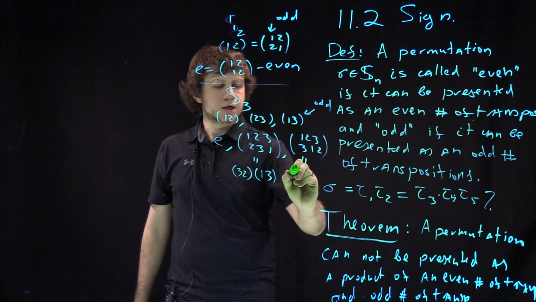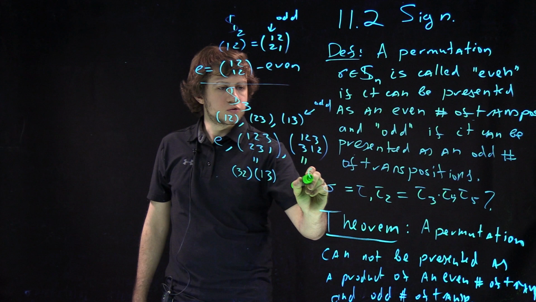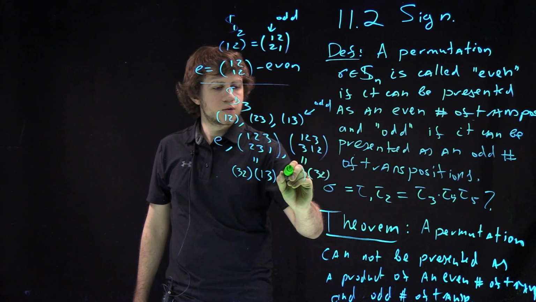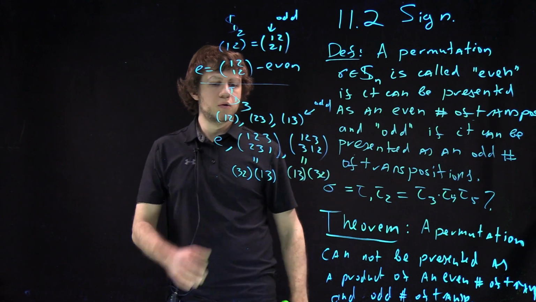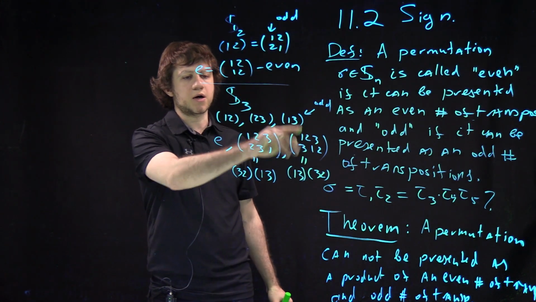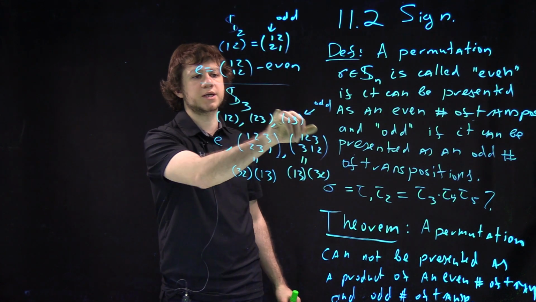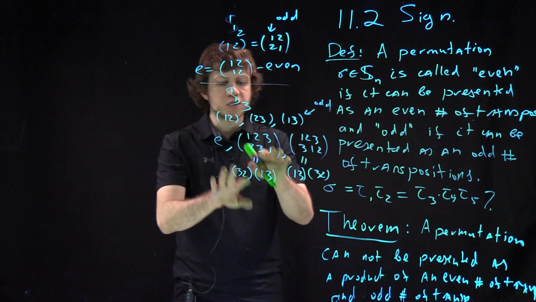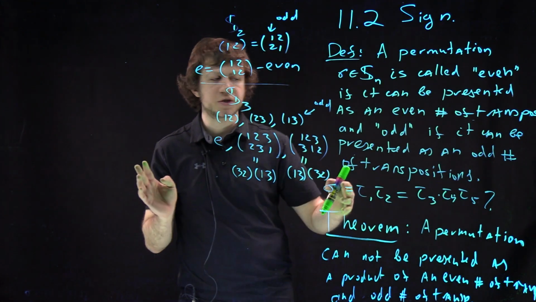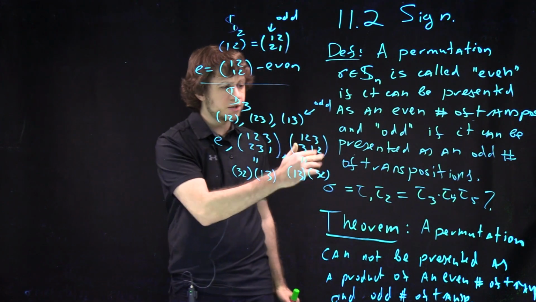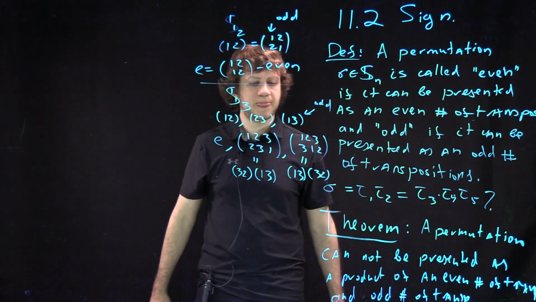And this one is actually 3 goes to 2, 2 goes to 3, and then 1 goes to 3. So in this way, you can easily write this one as 2 transpositions, but a priori it's absolutely not obvious. Maybe you can do something and get a product of 3 transpositions equal to a product of 10 transpositions. And the theorem tells you that this never happens.